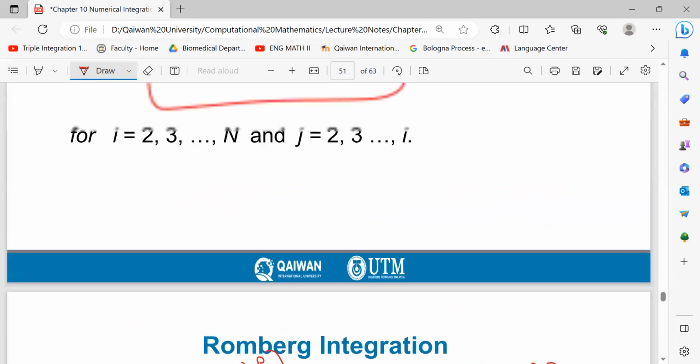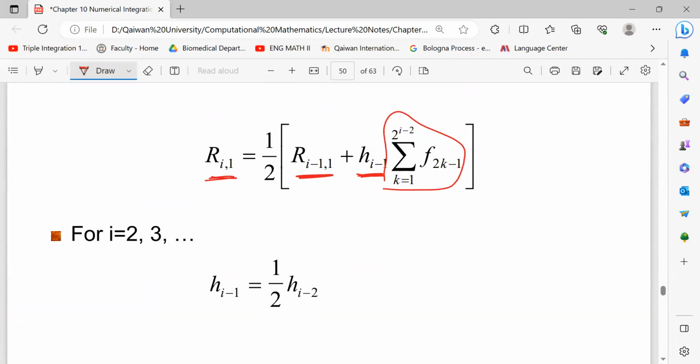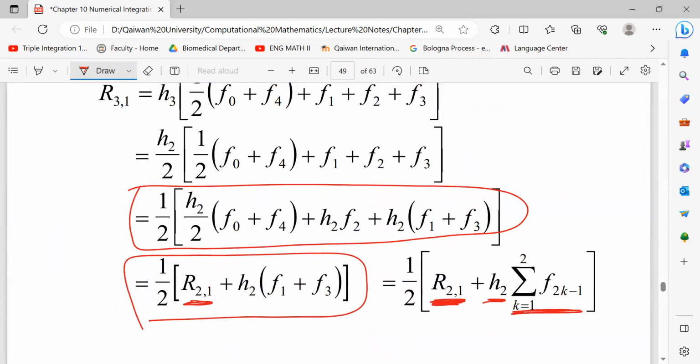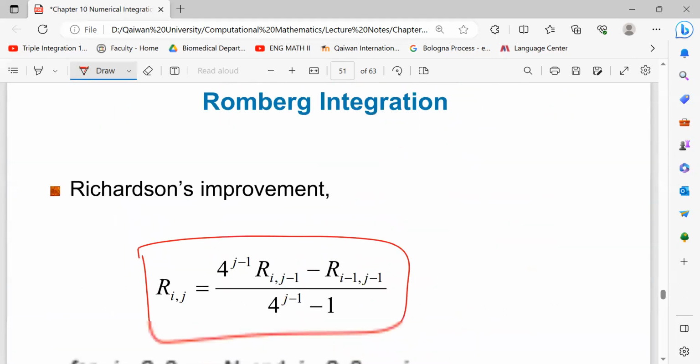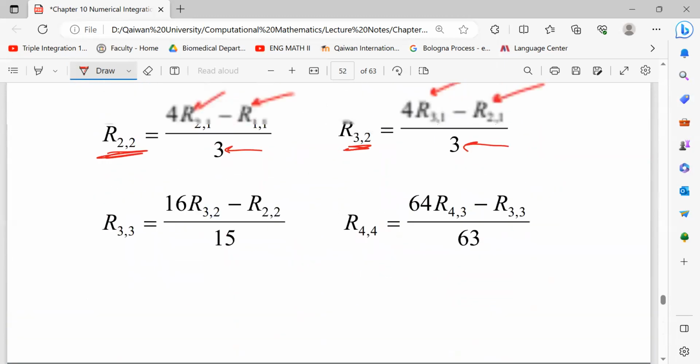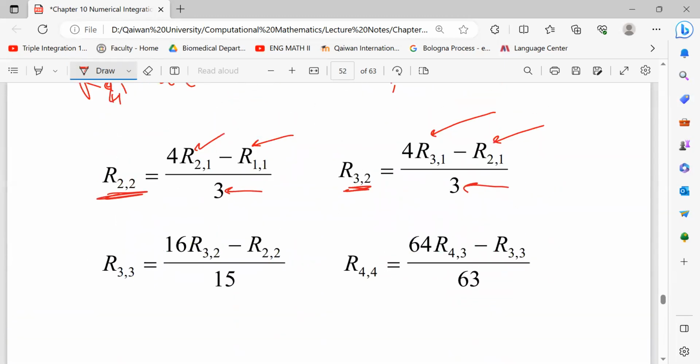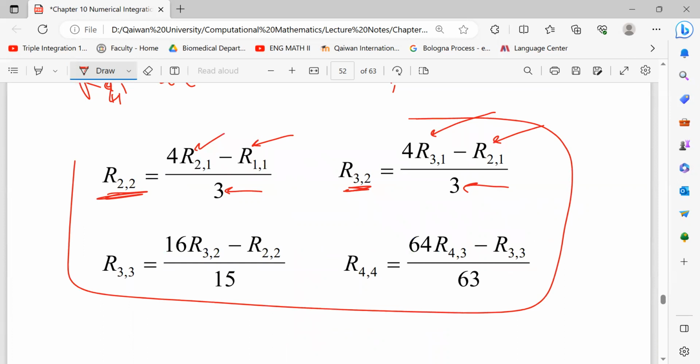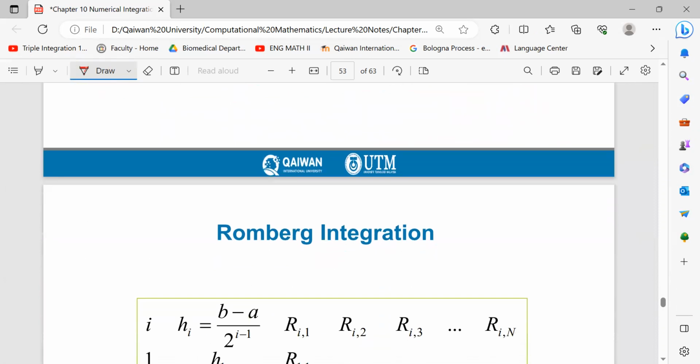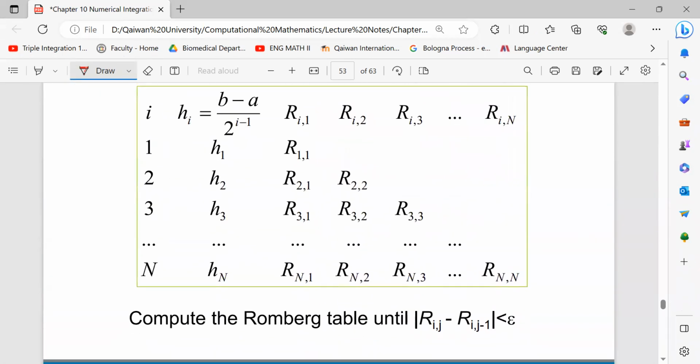Then R31 is this. We need to find these three. Based on these three, we can use these rules for obtaining all the other R values, R22, R32, R33, and R44, and make this table.